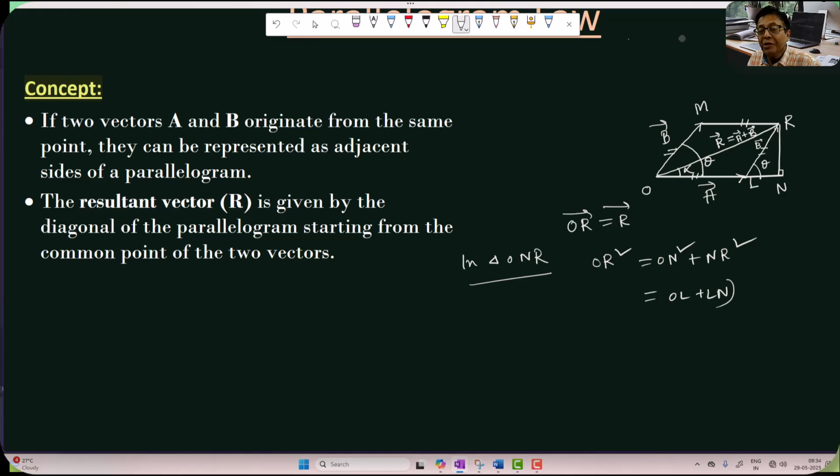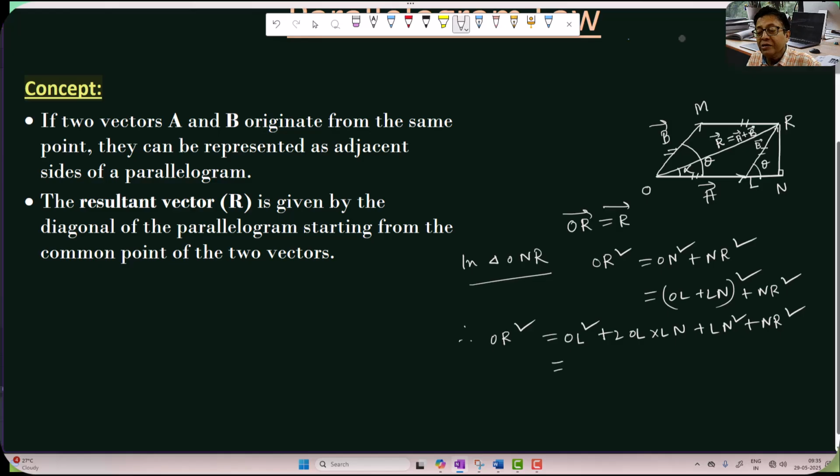What is ON over there? OL plus LN whole square plus NR square. Therefore, OR square going to be OL square plus twice OL into LN plus LN square plus NR square.